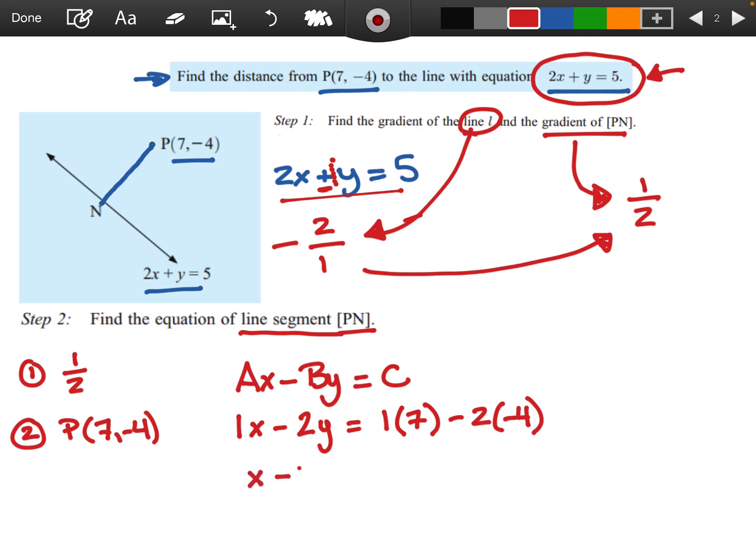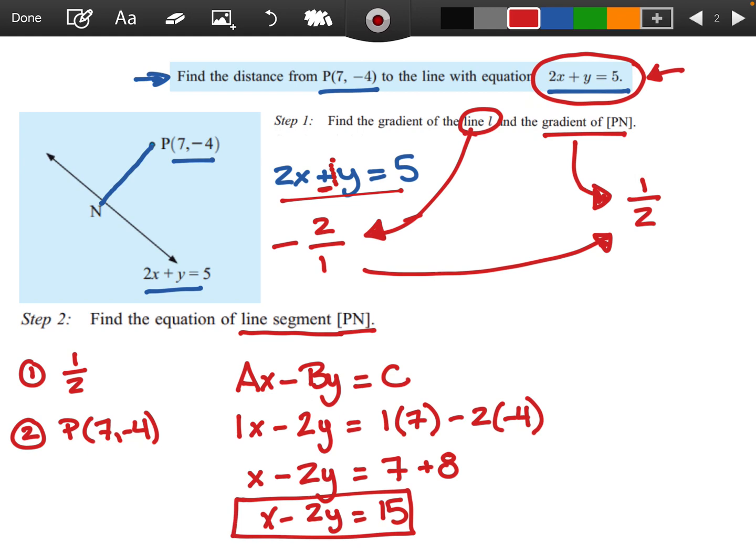We've got x minus 2y equals 7 plus 8, so x minus 2y equals 15. Okay, so now I have figured out the equation of line segment Pn.